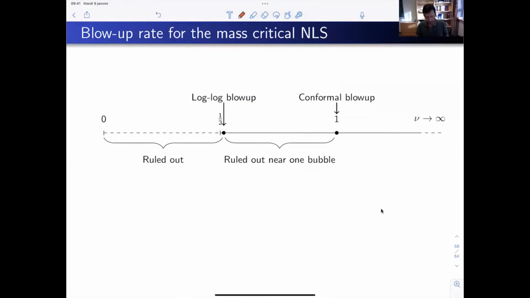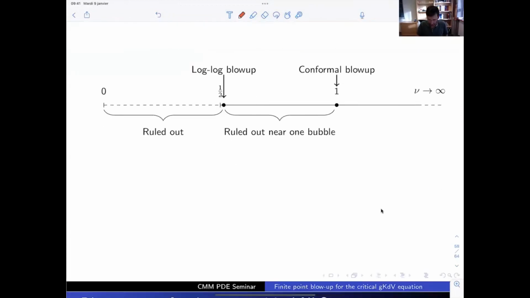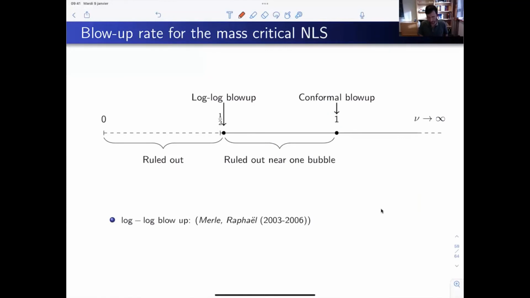For the mass critical NLS, you know that the self-similar rate in this case, 1/2, is ruled out, and then you have the log-log blow-up. This was proved in a series of important works of Merle and Raphael, in the first part of the 2000s.